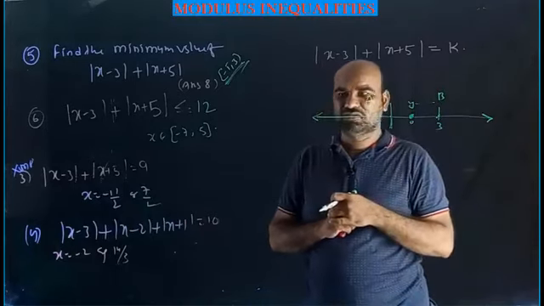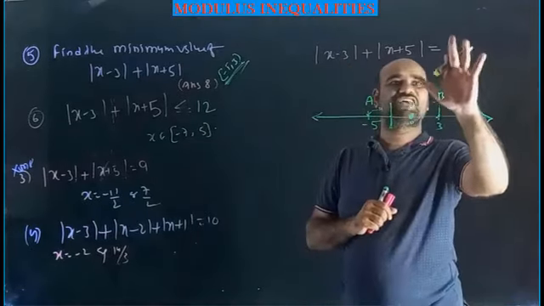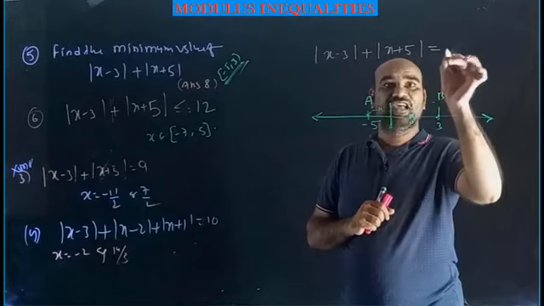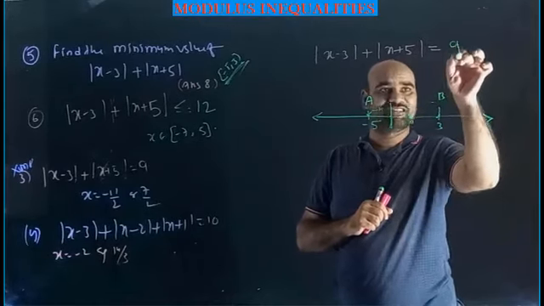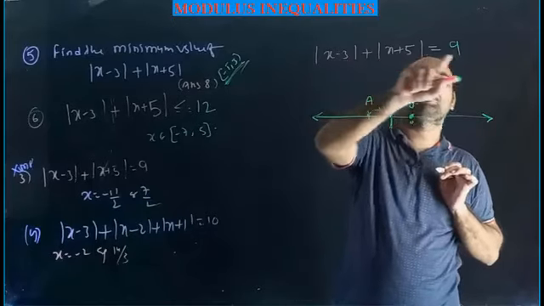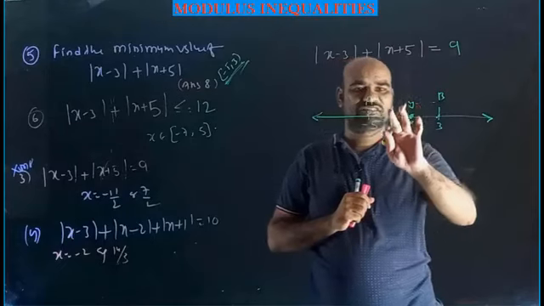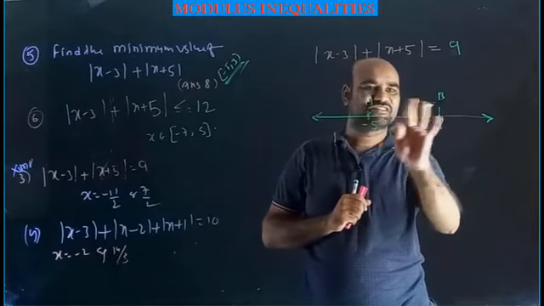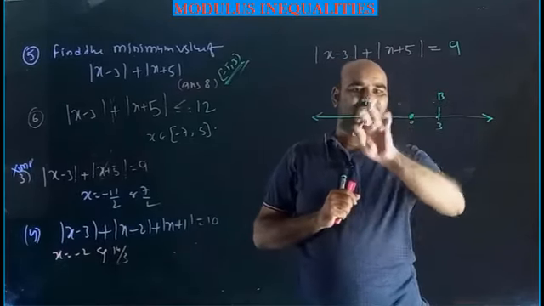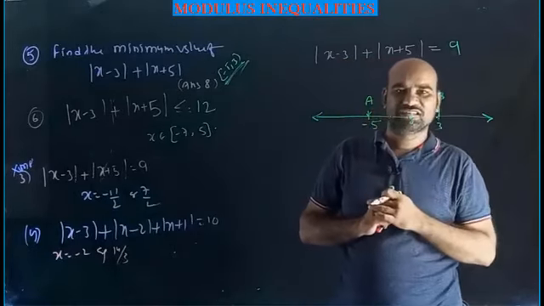Understood? Important. For example, instead of 8, 9 is given. Mod of x minus 3 plus mod of x plus 5 equals 9. Find such x values. Same situation. A is at minus 5, B is at 3.